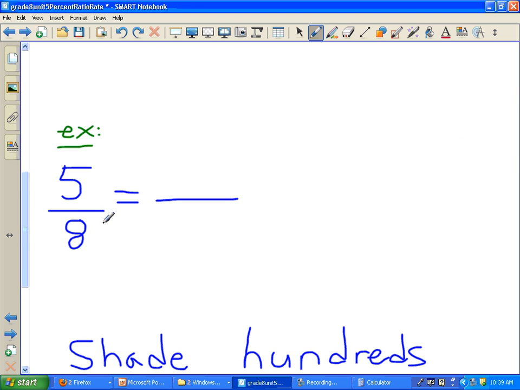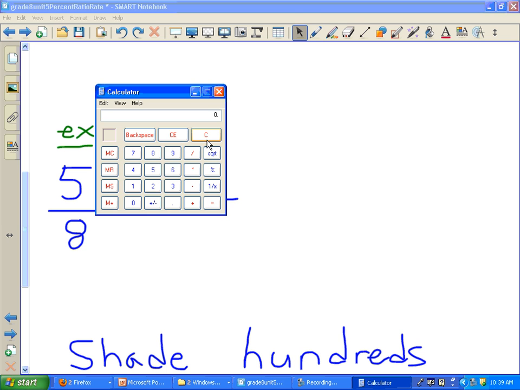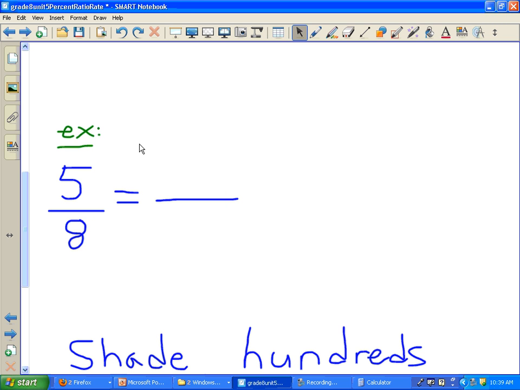Another example, if I have 5/8, this one's going to be a little bit harder to change to something out of 100. I could simply take my calculator, if I'm allowed, and go 5 divided by 8, and here's what I'll get, 0.625. The other way to do this is to see if I can multiply the bottom number to make it 10.